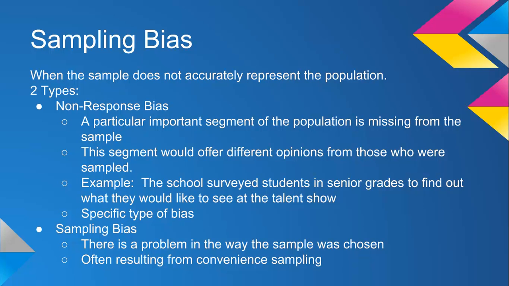Sampling bias also often results from convenient sampling. The reason why we go to Walmart is because it's convenient. We can get a lot of the people there. But if we invest a little bit more time and money into it, we can maybe reduce some of that bias.